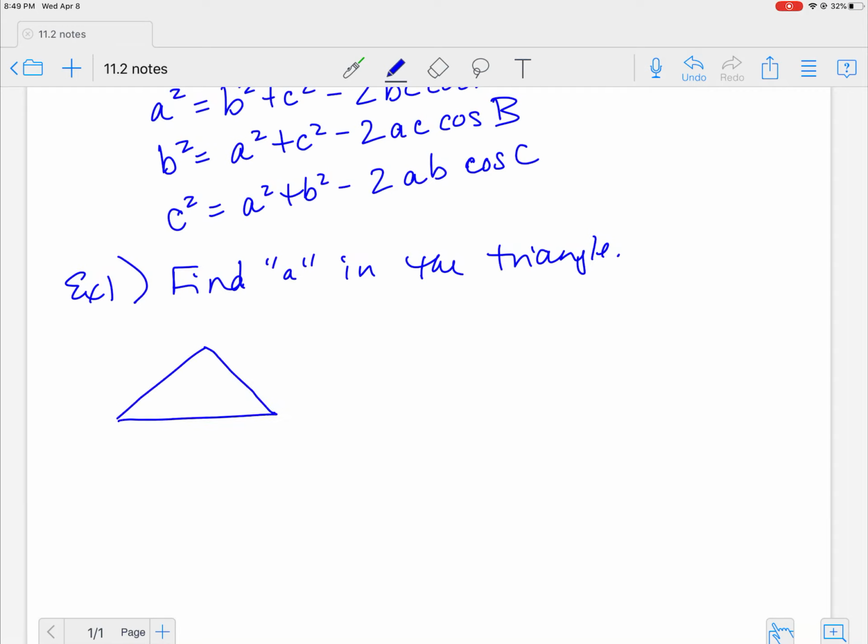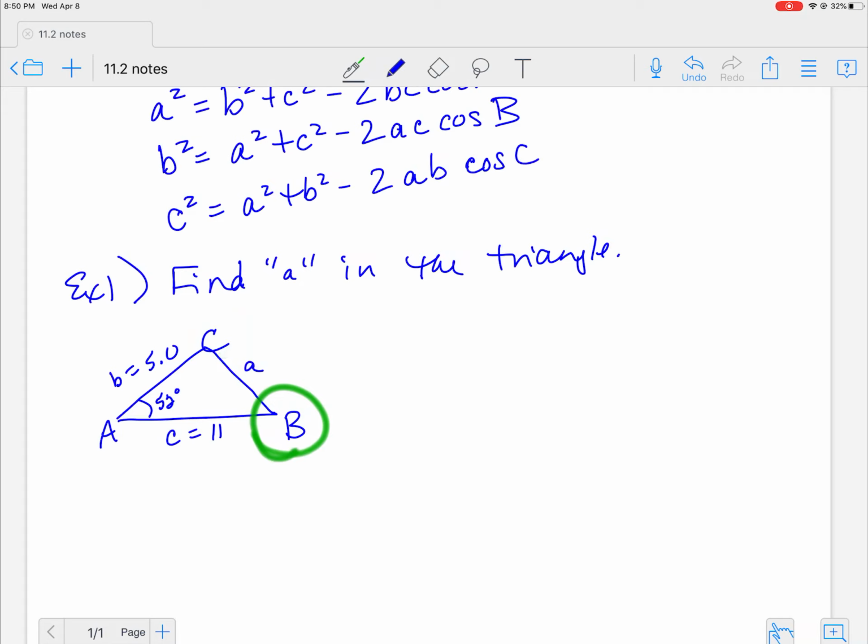I'm going to find A in this given triangle. So here's what the book has for my triangle. I'm going to scoot this up just a little bit. So here's my triangle. I know this is A, B, C. B here is 5.0.